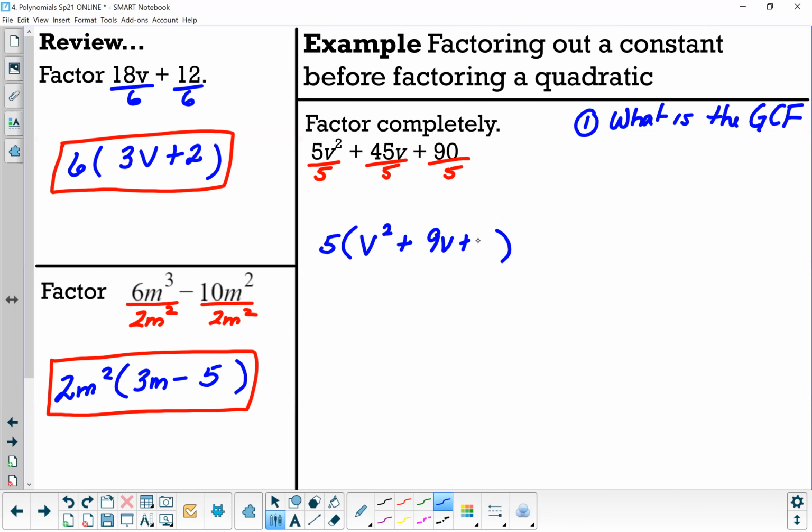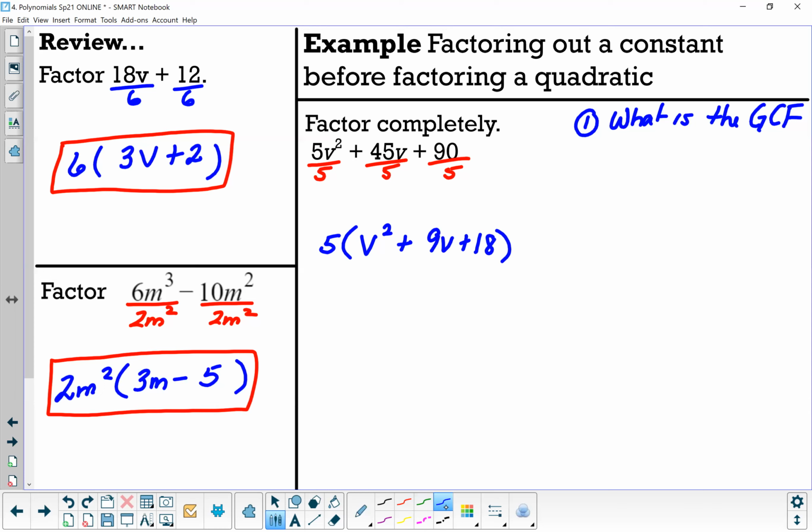So 5 into 9 goes once. All right, we got 18. Okay, so now the GCF is 5. That's our first factor. Our second factor is v squared plus 9v plus 18. That factor, we can factor further.